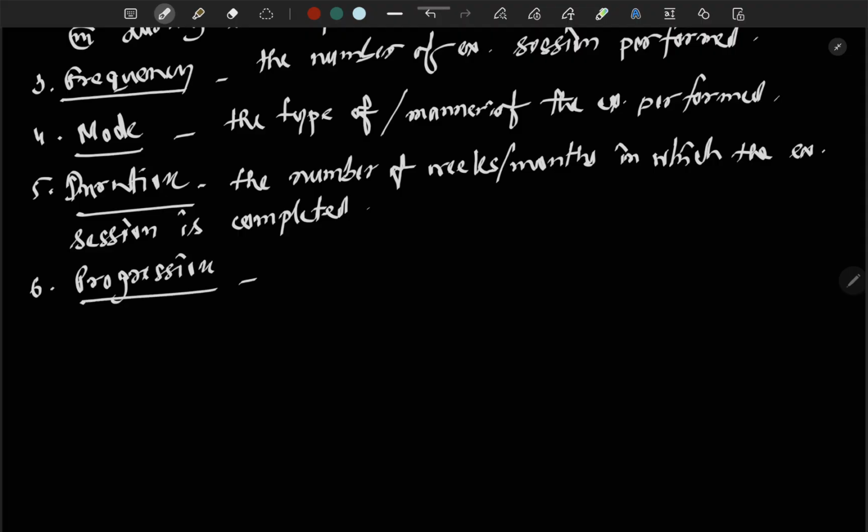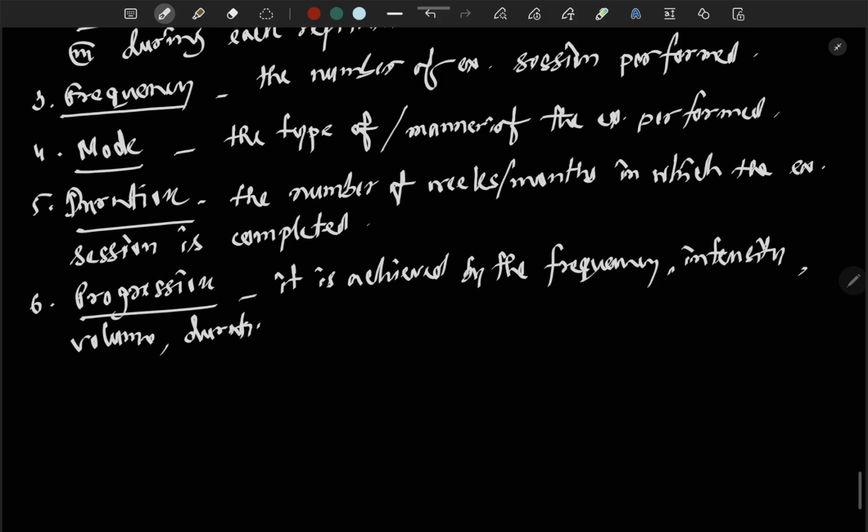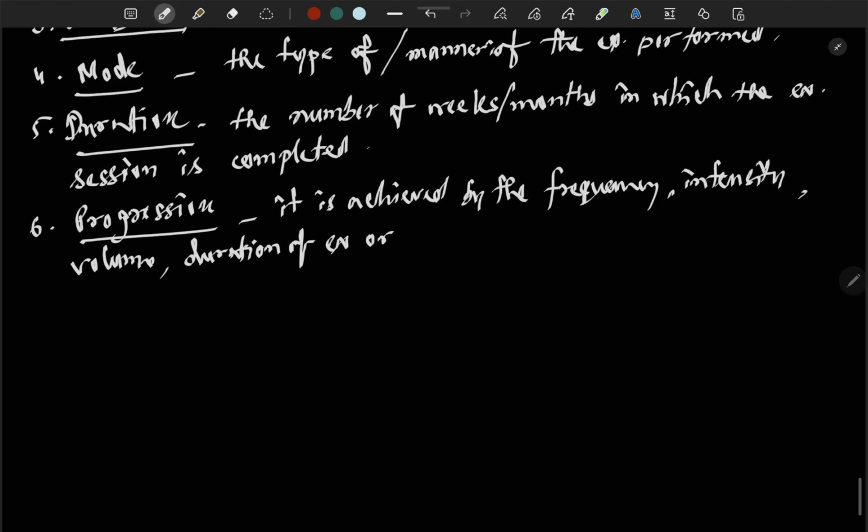Number 6 is progression. It is achieved by increasing the frequency, intensity, volume, duration of exercise, or by decreasing the rest period between sets.